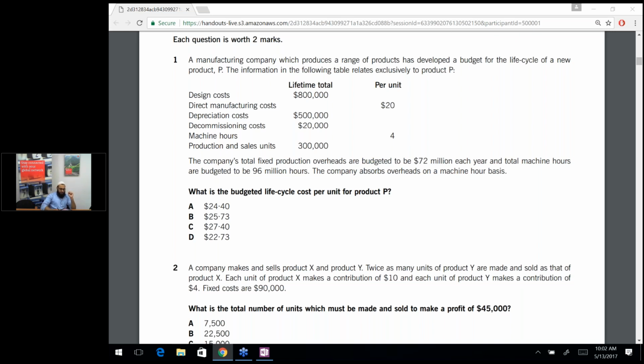So what I'll be doing is I'll be doing the exact answers of the MCQs, plus I'll be explaining to you very important techniques about how to solve the MCQs.